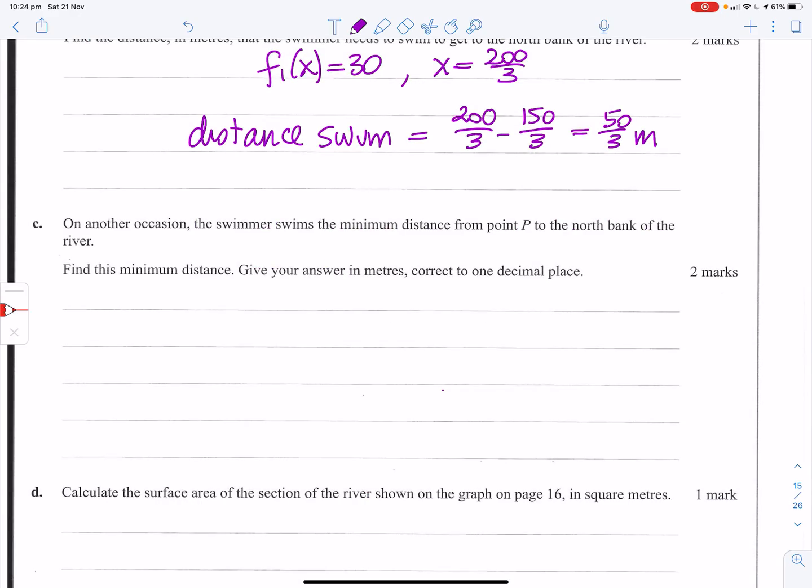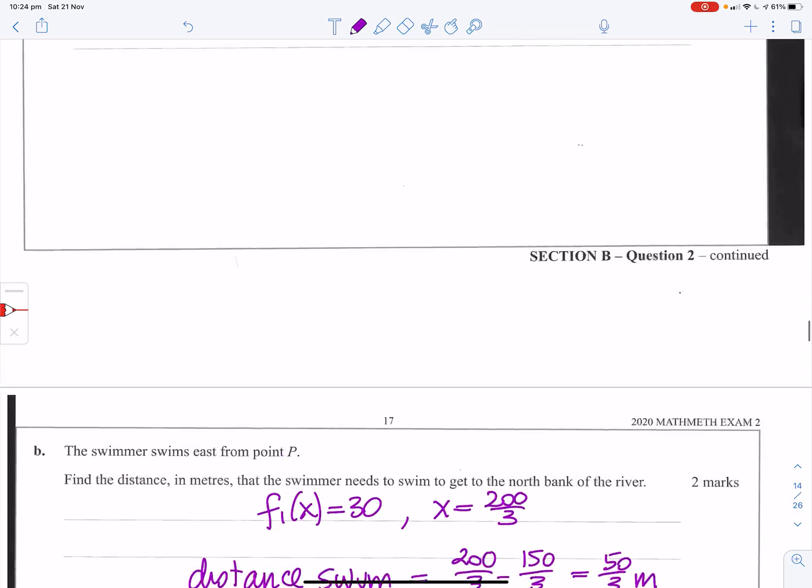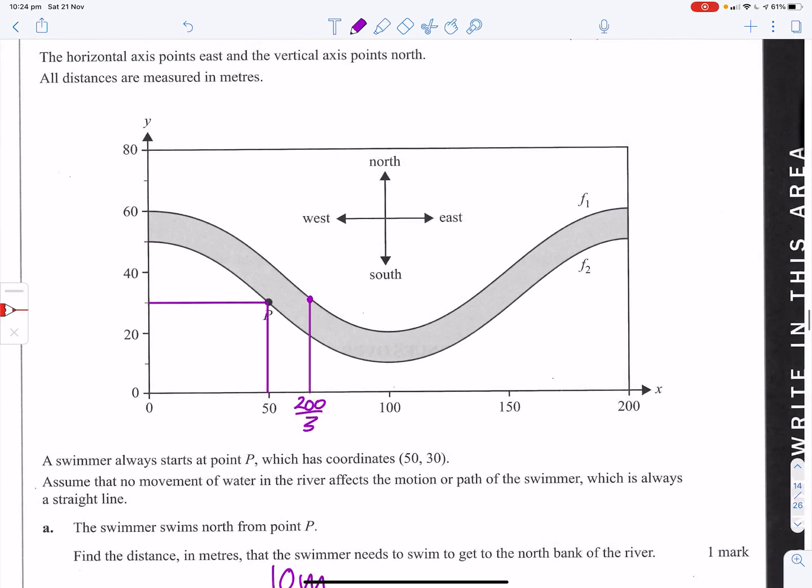On another recommendation, the swimmer swims the minimum distance from the point P to the north bank of the river. Find this minimum distance. So the minimum distance is going to be when they're perpendicular. Let's just use a distance formula.